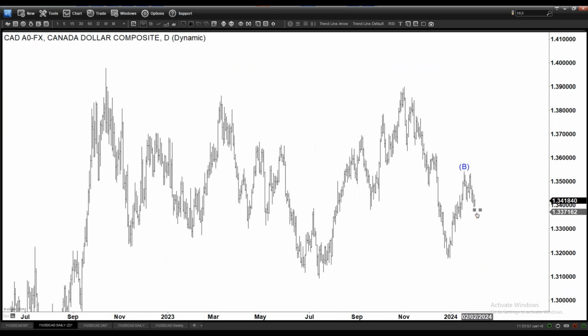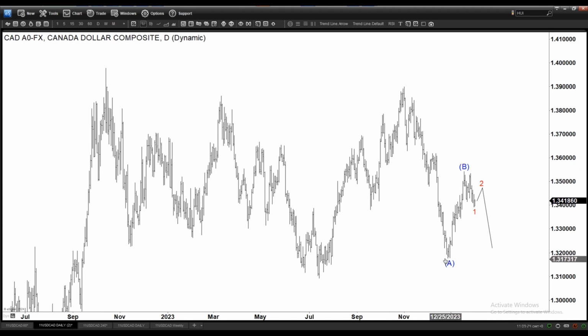This is your 1 of C now, and you're looking for 2 of C, and then 3 of C, 5 of C, and so on. Now the question is, if this is the B, then this is your A, supposedly. But remember, if that's the count, then eventually it can break below 131.70.